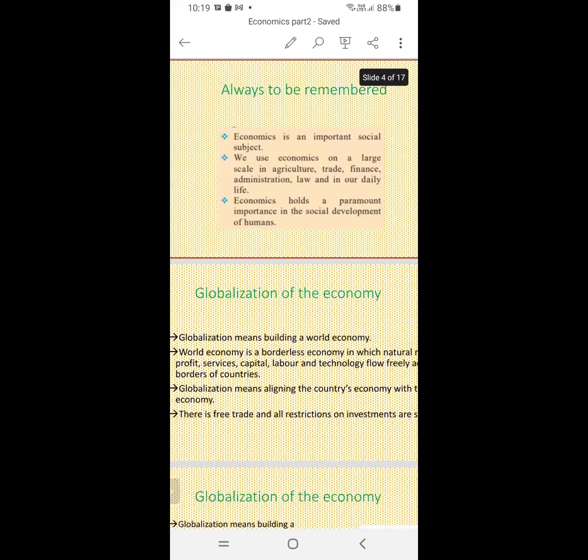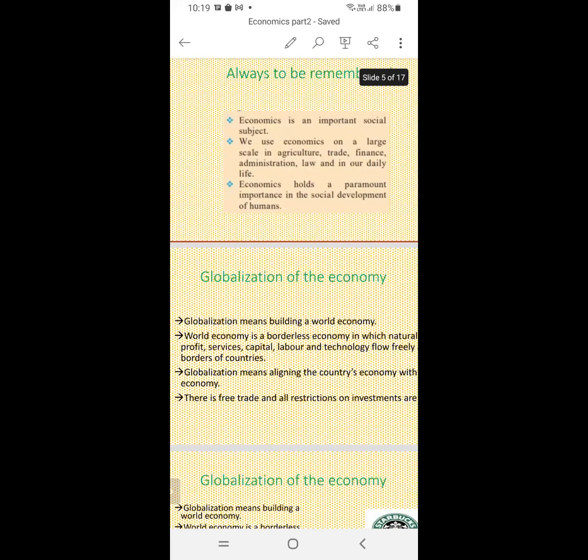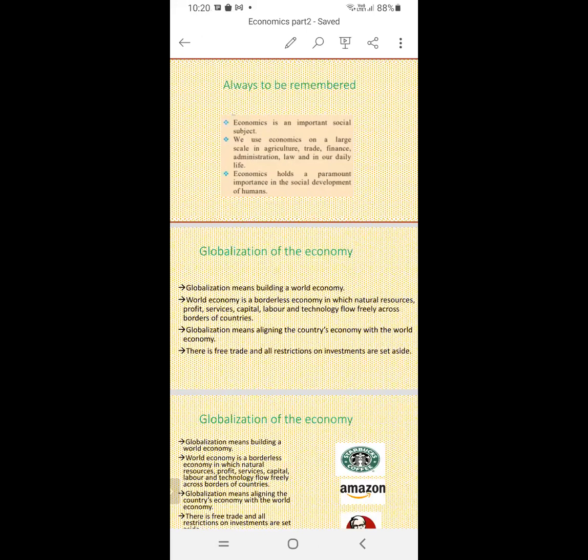Next is globalization. Globalization means building a world economy. That economy does not end at the country level or at the continent. It crosses the sea. Globalization joins every nation.